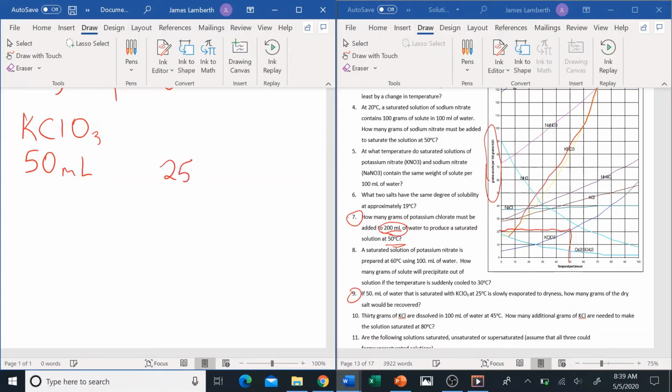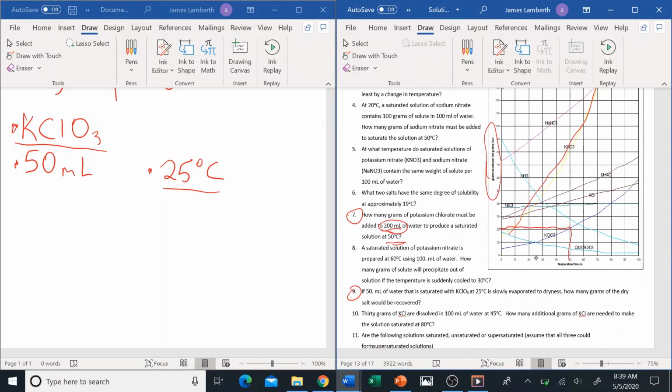So I actually find it very useful to write out all these values. All right, so for KClO3 at 50 milliliters and 25 degrees Celsius. The first thing we really need to do is go look up the solubility of KClO3 at 25 degrees Celsius. So 25 degrees Celsius, go right here. Boom. I'm going to say 10. It's close enough.